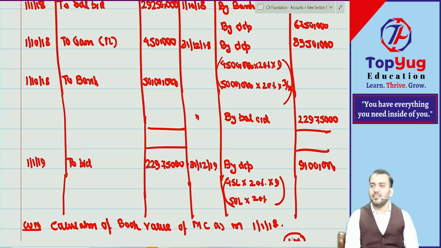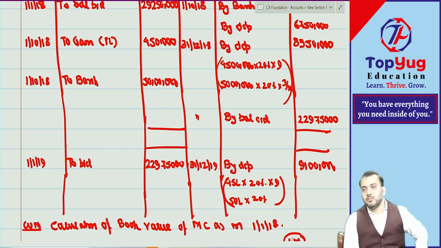I think you have made a mistake in depreciation only. 2 lakh, in the opening balance only you have made a mistake. Okay. Now understood.